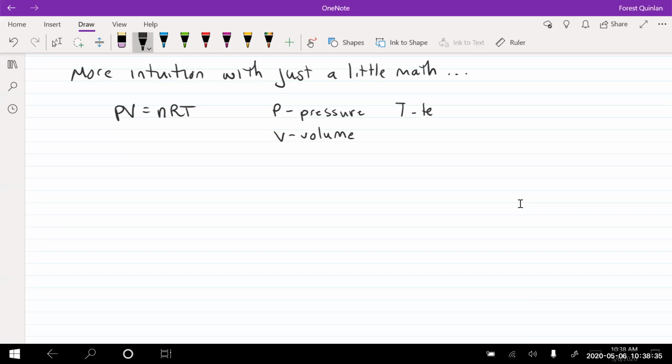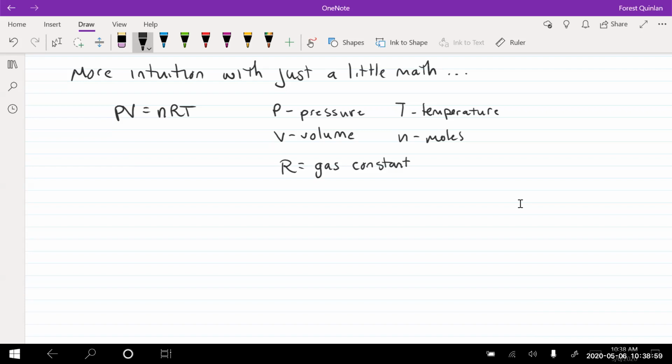T is temperature. And n is moles, the amount. And then there's this guy R. This is called the gas constant. We'll talk more about this toward the end of the next lecture.